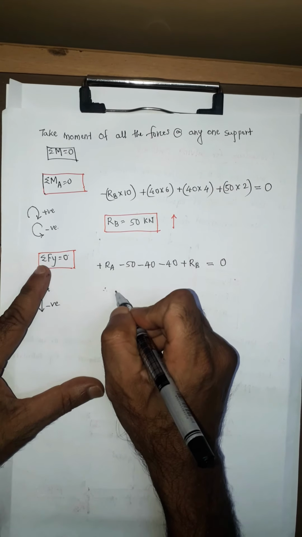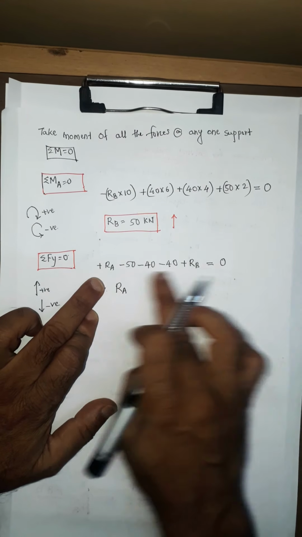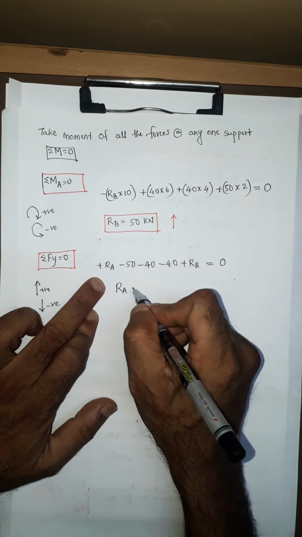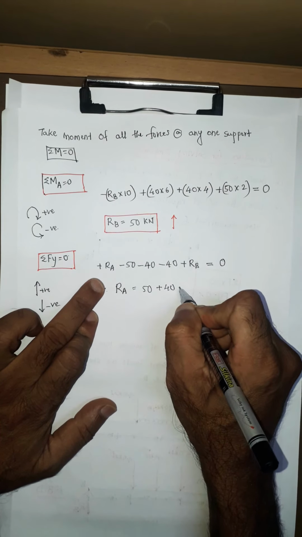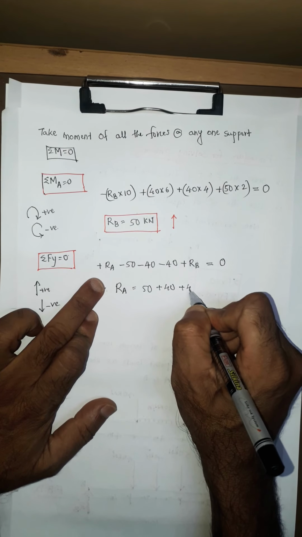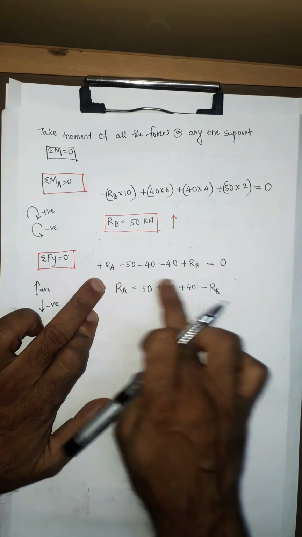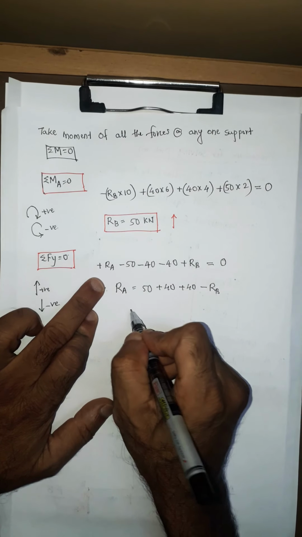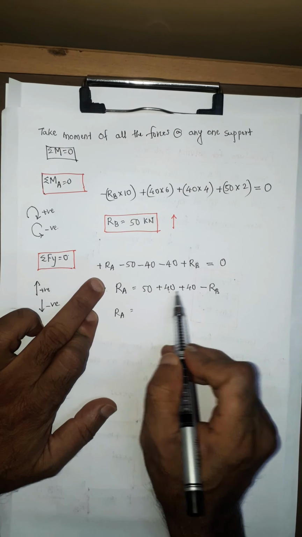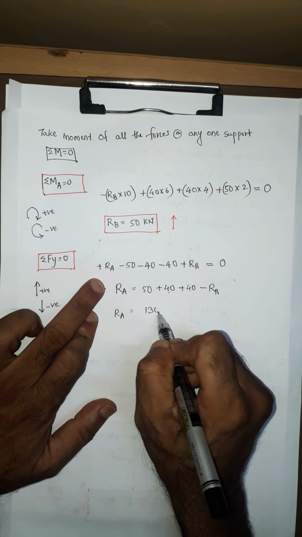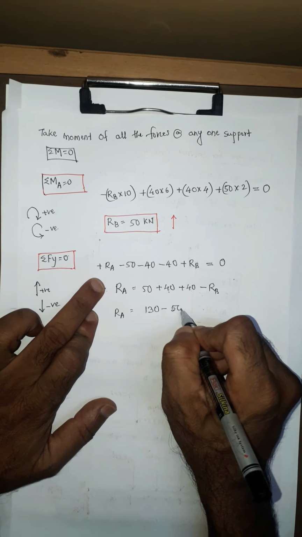So what do we want? We want RA. Therefore, take all these values to this side. So this becomes plus. RA is equal to plus 50, plus 40, plus 40, then minus RB. This will go this side, so this becomes minus. So RA is equal to 50 plus 40, 90, 90 plus 40, 130 minus RB, which you have already calculated as 50.